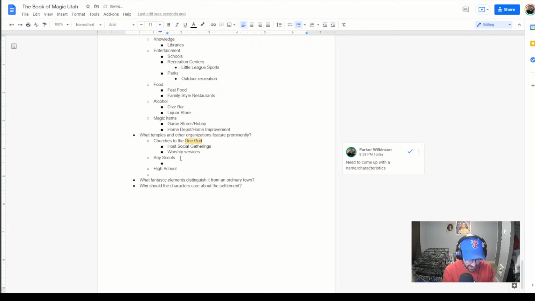Boy Scouts have a rotating set of volunteers. There's just a lot of kids, so I don't know. High school. I don't know what other organizations people would be a part of in Midvale. That's tough. I have to think about that.